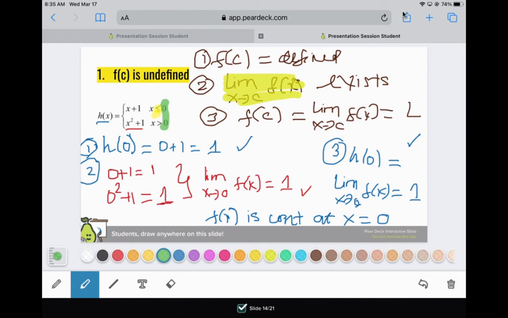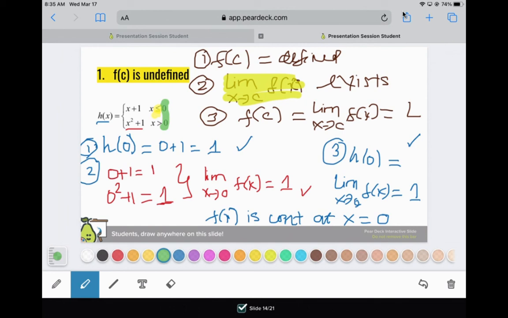I always strictly follow these 3 steps. If one of the steps fails, let's say I test out h of 0 and that gives me undefined, then I can just stop. I don't have to worry about anything else. I don't have to test step 2 and step 3.